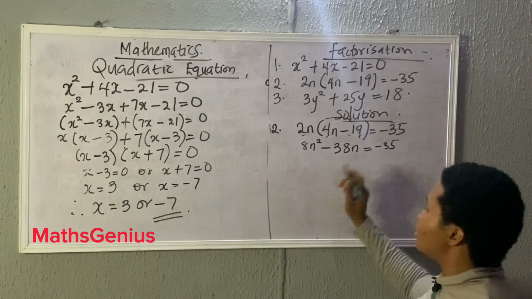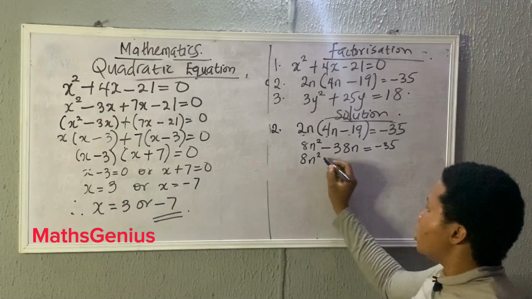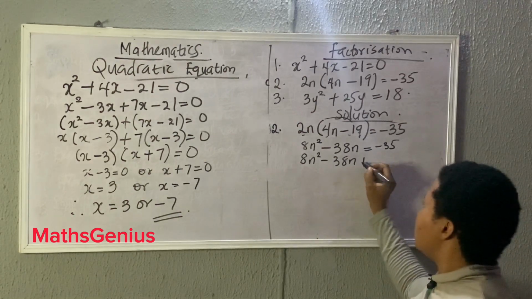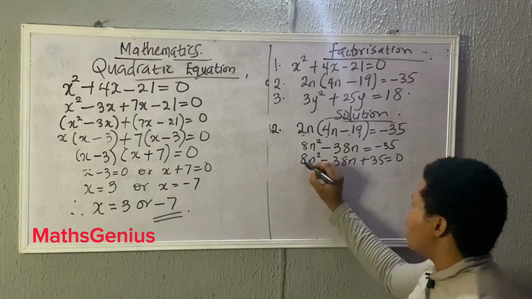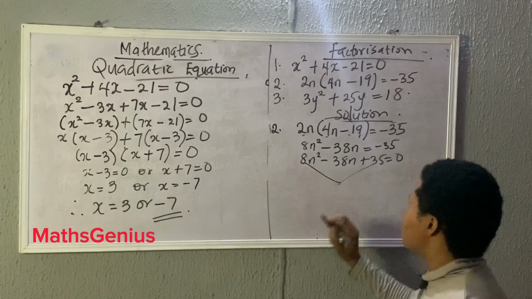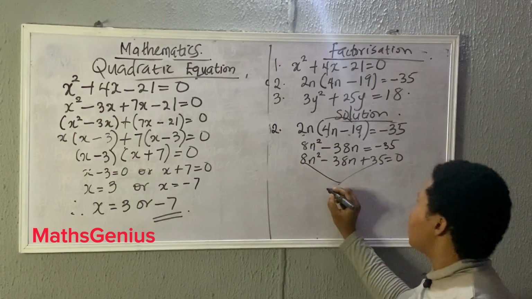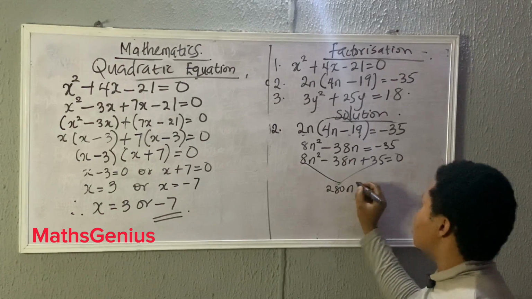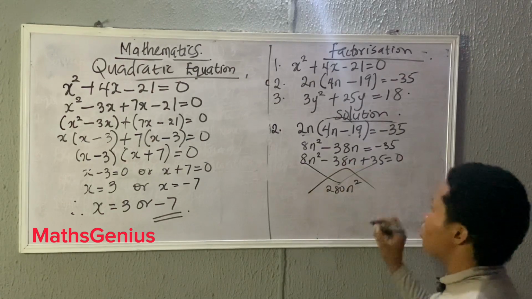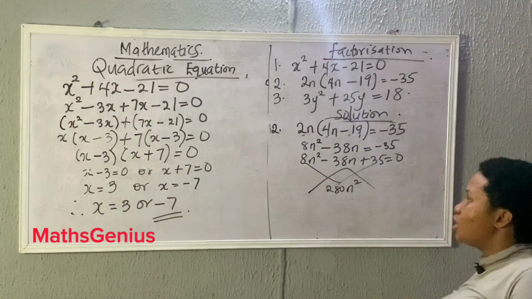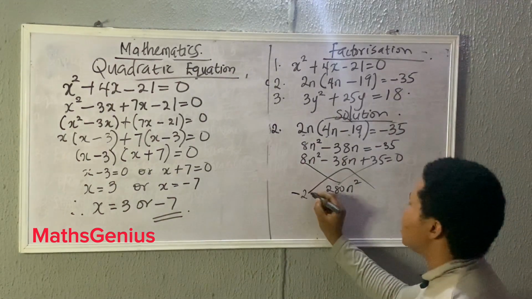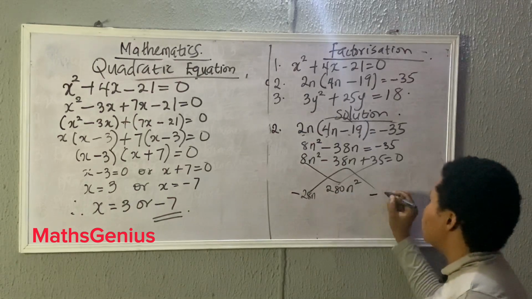Now let's rearrange this. We have 8n squared minus 38n plus 35 equals 0. Now, multiply this and this together. That will give us 280n squared. Now we need two factors to replace our minus 38n, and those two factors are minus 28n and minus 10n.